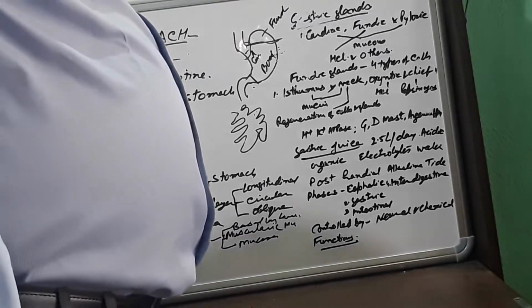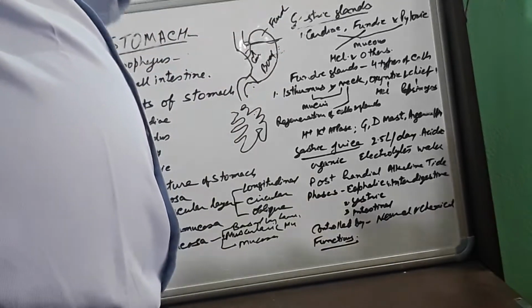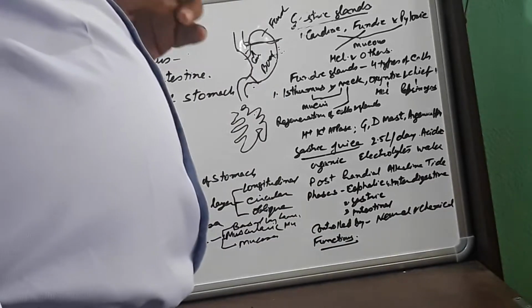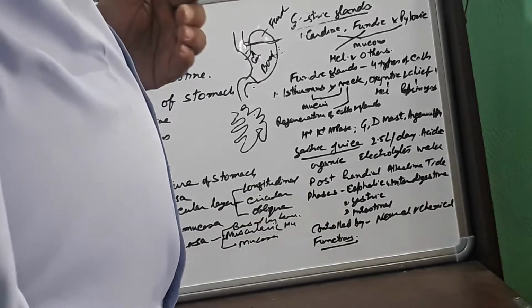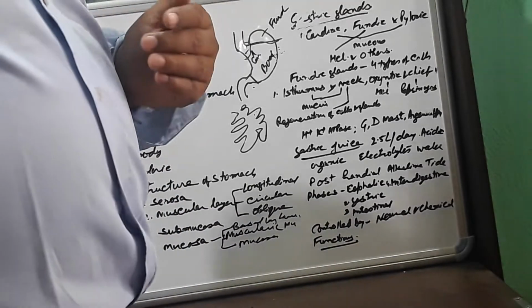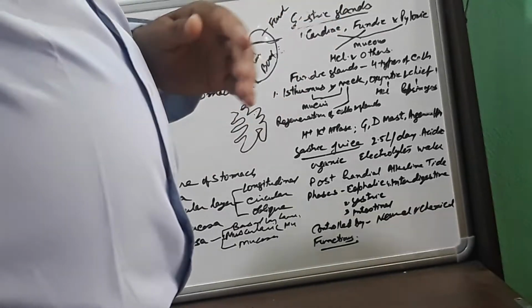Regulation of gastric juice. These glands secrete gastric juice, which is about 2.5 liters daily, and this is acidic in character. Its components are organic and inorganic, or electrolytes.